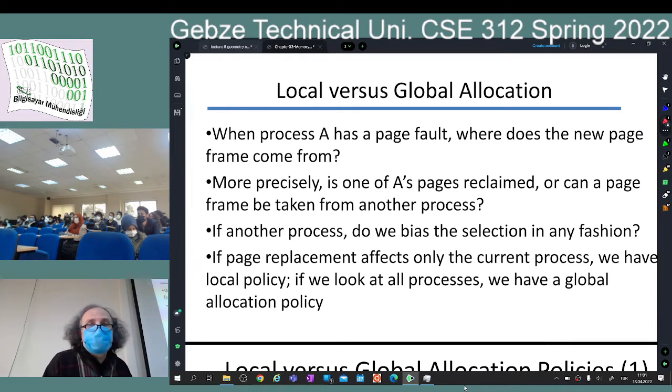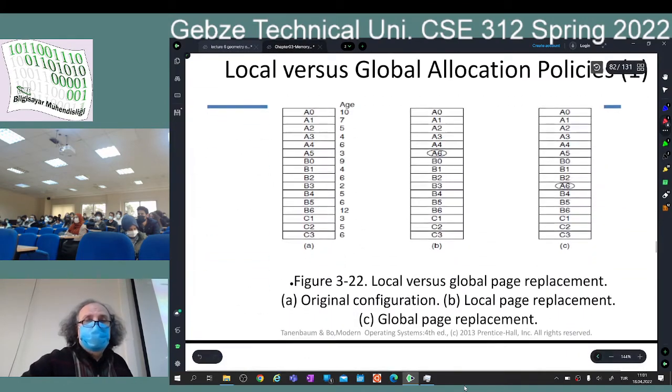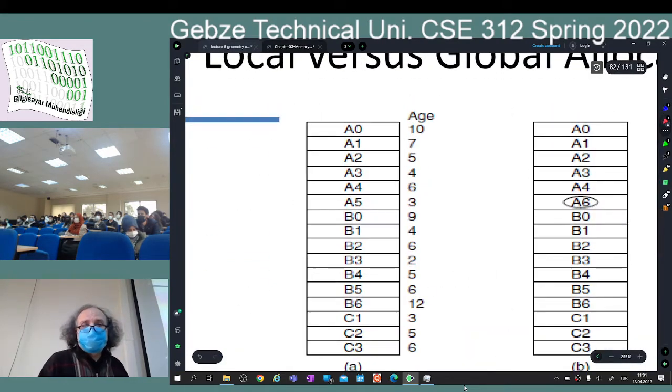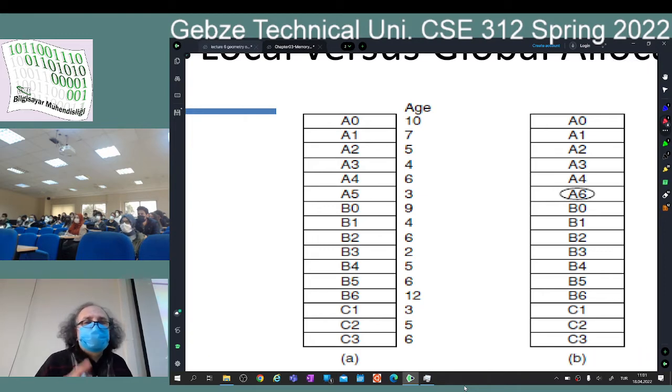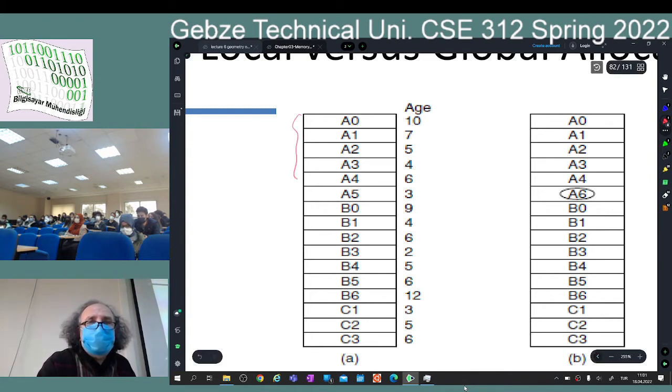It has a certain number of pages, and there is a process C. So I have 1, 2, 3, 4, 5, 6 pages for process A, and 7 pages for B, and 3 pages for process C. So the thing is this. Let's say process A caused a page fault. It needs a new page.